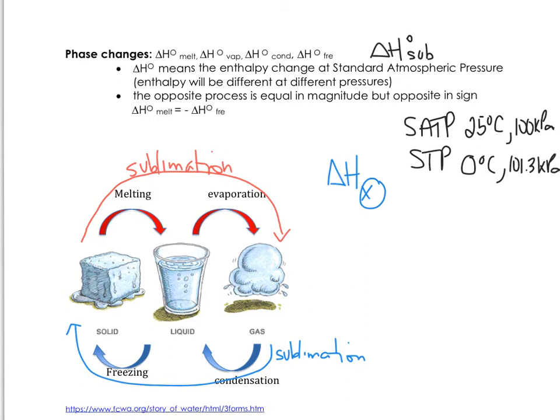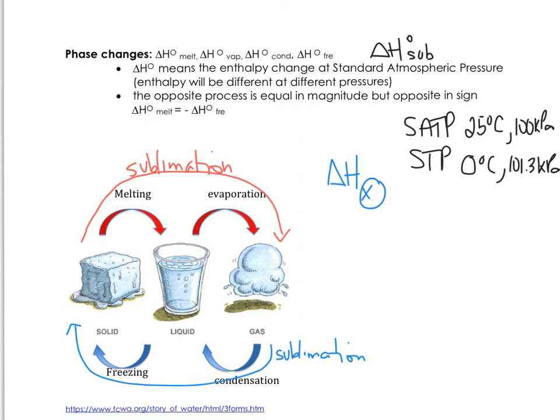So if your enthalpy change is found at either one of those two temperature and pressures, we say that it's at standard temperature and pressure, or standard atmospheric temperature and pressure.